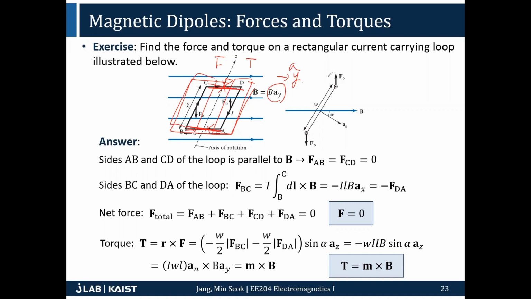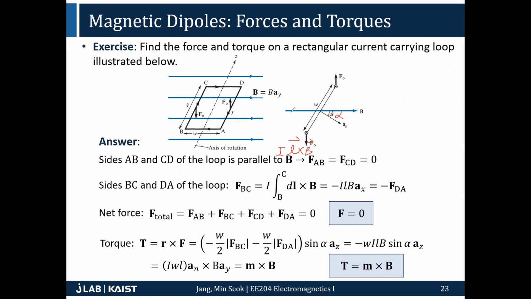So how to obtain the force amount? Well, that's just I L cross B, right? And you know L in this case, and then B is given. So depending on the angle alpha that this circuit is making with respect to the direction of the magnetic field, you can obtain the force.